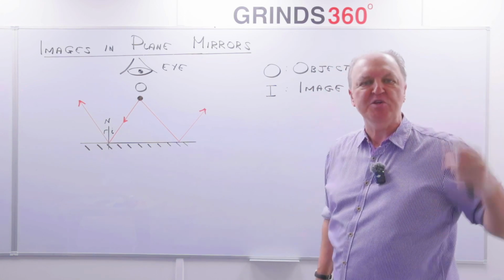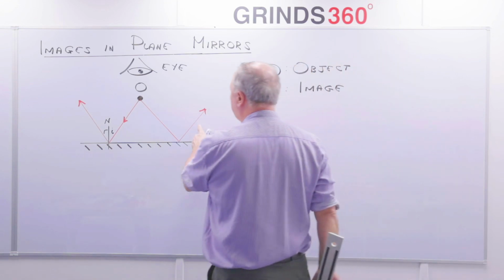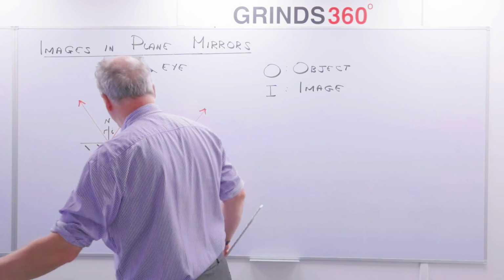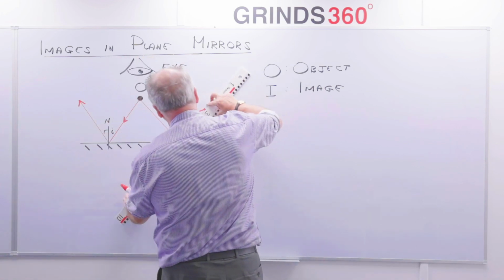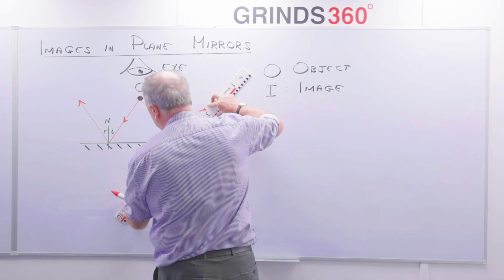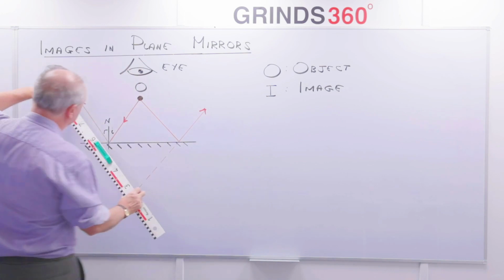So what happens in your mind's eye? In your mind's eye, you will work them back to where you think they're going to meet. So I'm going to work them back to where I think they're going to meet. So take that ray on the right-hand side. I work it back. Take this ray here on the left-hand side.